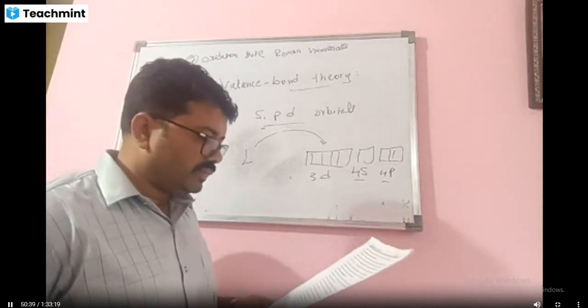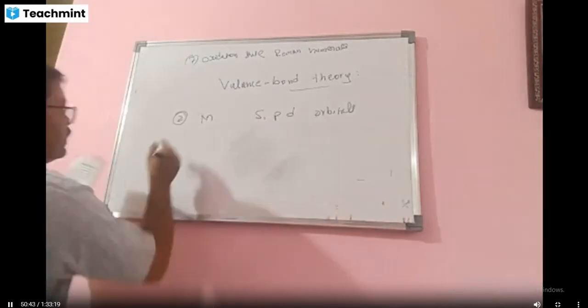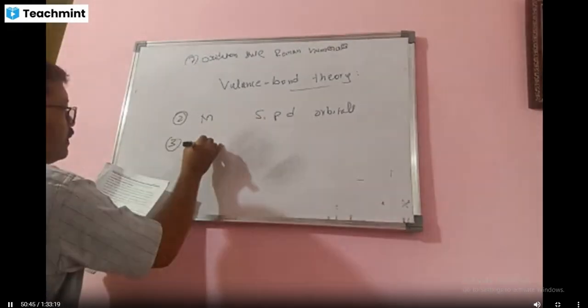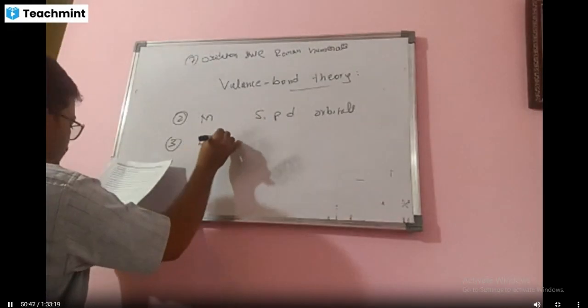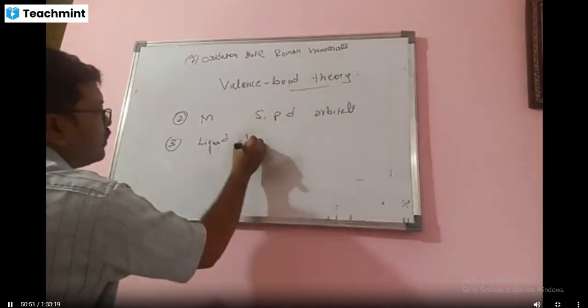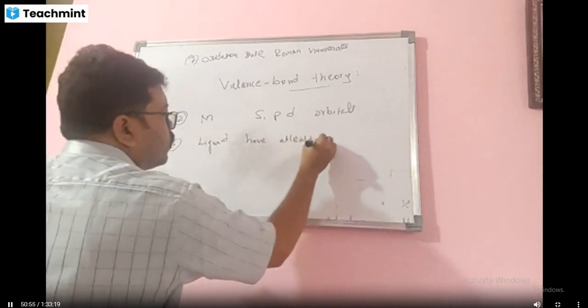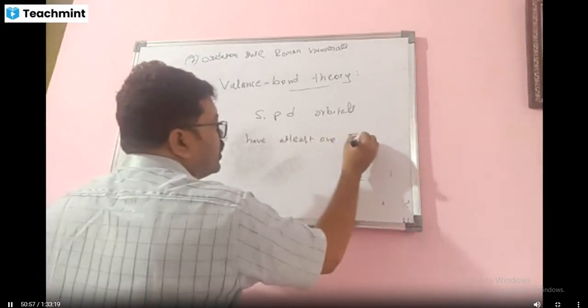In the third assumption, the ligand must have at least one sigma donor orbital containing a lone pair.